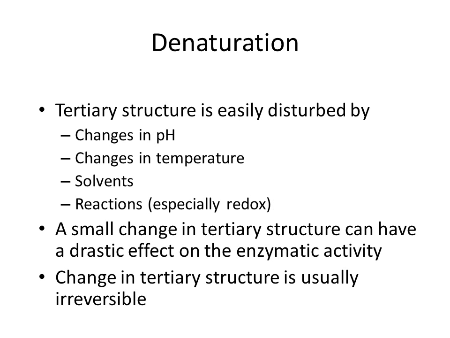The reactions, especially redox reactions, will change the functional groups in the amino acids. Those functional groups are important for the tertiary structure. So redox reactions, or any kind of reactions, but particularly redox reactions, will change that tertiary structure.